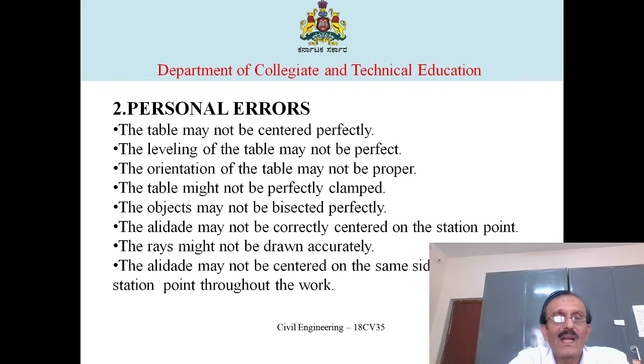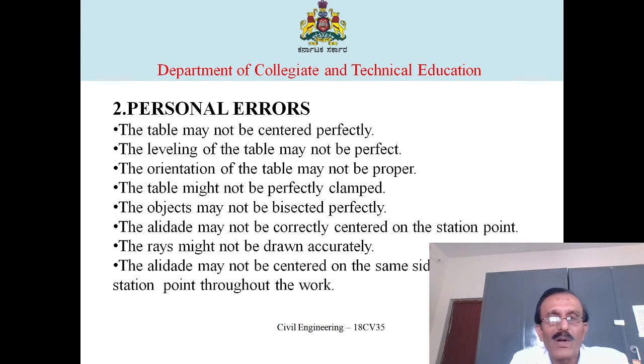The personal errors. These errors are associated with the personal observer. The table may not be centered perfectly. During the course of centering the plane table, if you do not center it properly, then there might be error creeping into the observation.